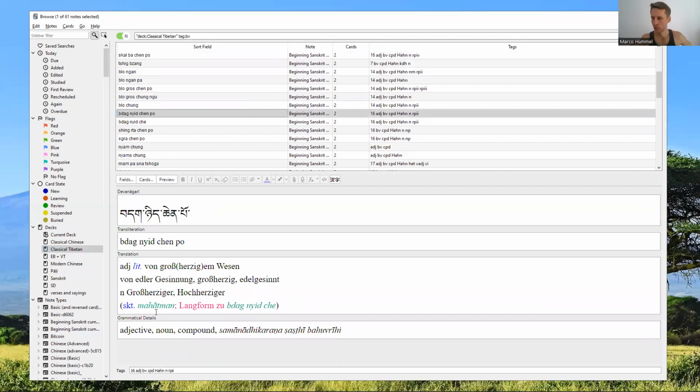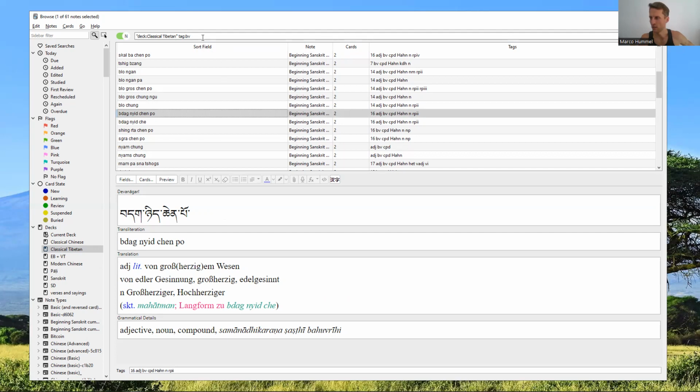Now this would be in Sanskrit the Mahatman, so the one who has a big, well, how to say it, a big self, possessing a big self, also a very developed person, a very pure person, who has a very noble constitution of the mind. So even in other languages, you can look for these specific structures or compounds if you have tagged them previously.